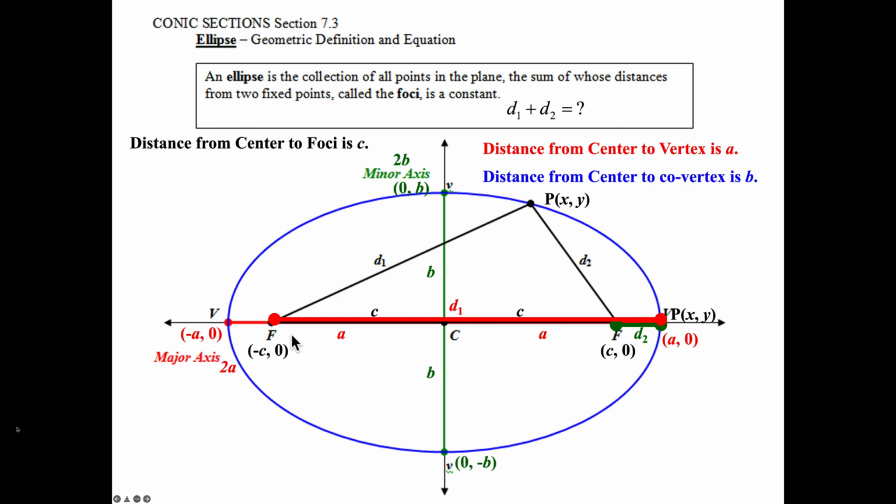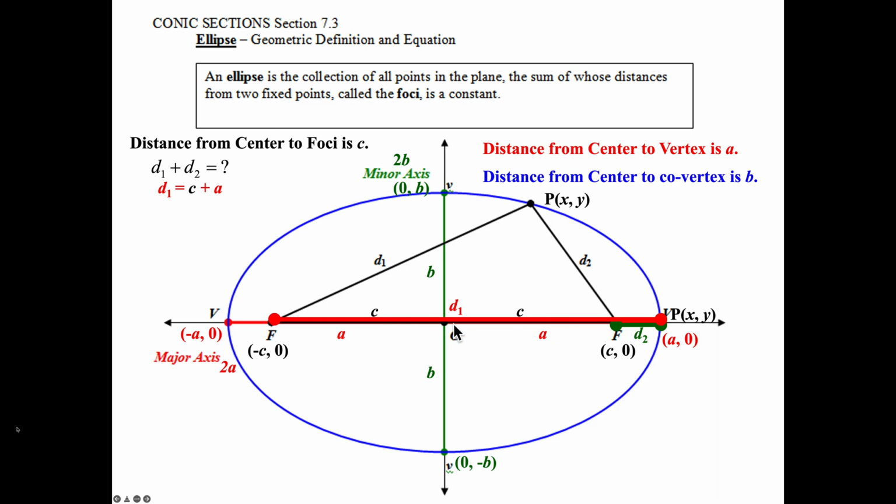Well, because our focus, starting here, goes through the center, there's a C, and then the center to the vertex would be a distance of A. So d1 is C plus A. d2, well, that really doesn't make it to the center.